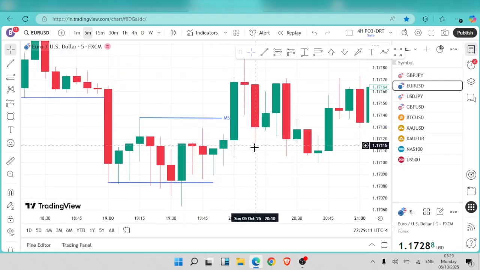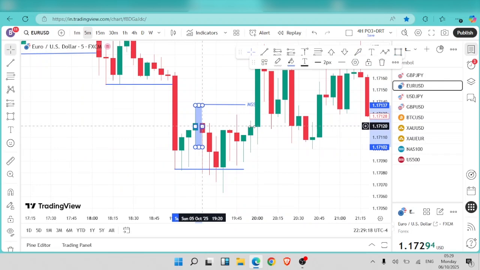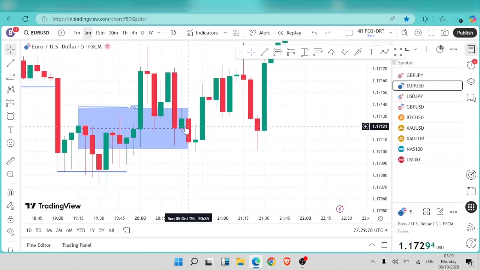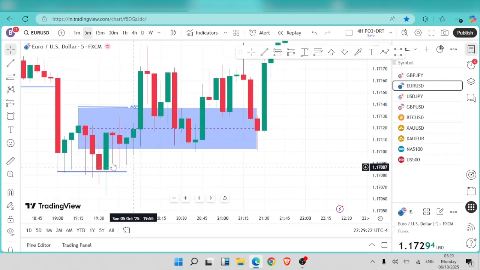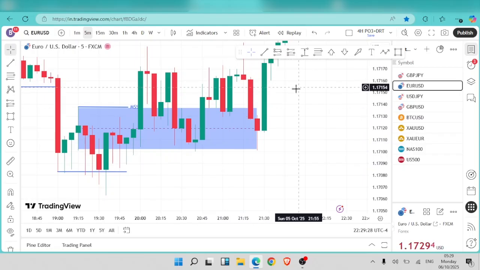And then with that, this becomes our breaker block. Our breaker block is the last up close candle before a sweep of liquidity, and now we have this happening. So price is retracing into this breaker block and then going up, as you can see here.